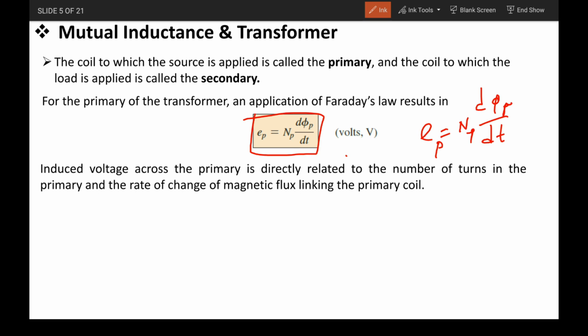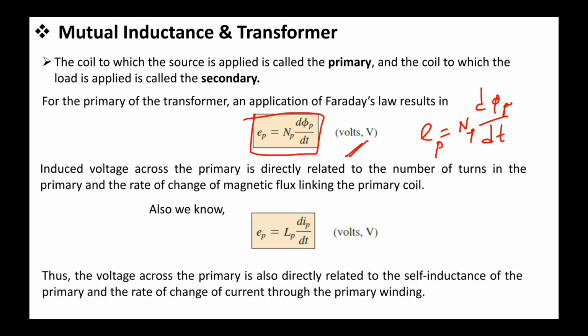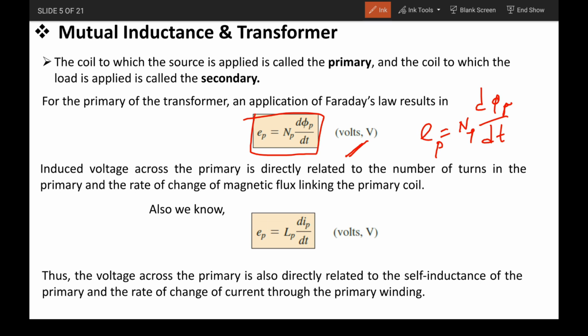This is the induced voltage. Similarly, we know that E equals L di by dt, so now it will be EP equal to LP dIP by dt. That's the change here.